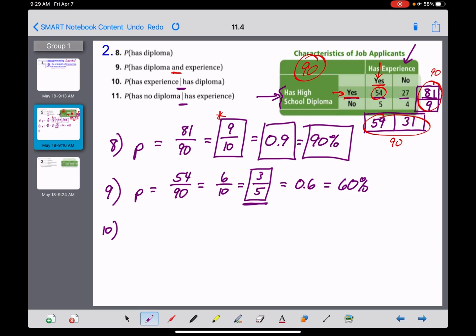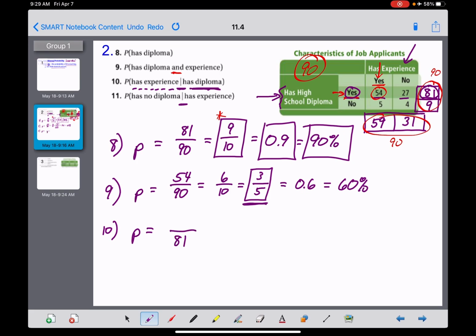So for number 10, we want to know the probability of an applicant who has a diploma, and we want to know how likely it is that that person already has experience. So the first thing we would want to consider right here is how many applicants in total have their diploma. So has a high school diploma, yes, and we said the overall number of applicants with a high school diploma would be 81.